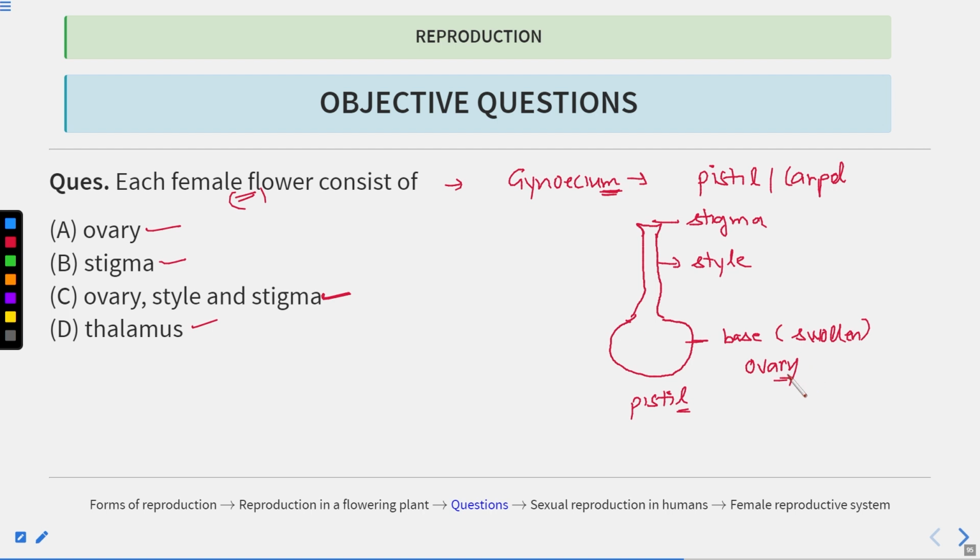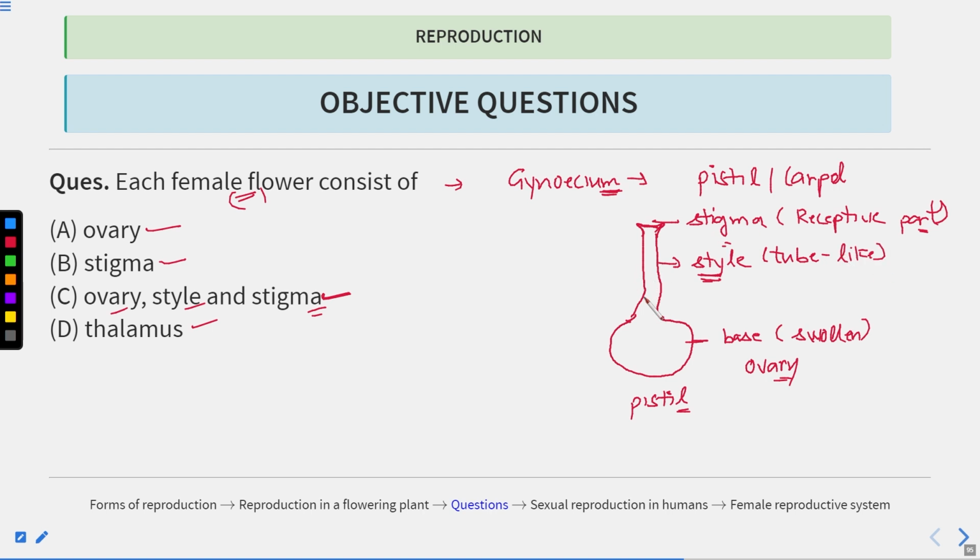Clear? Now this ovary consists of the ovules and the ovules will consist of the embryo sac. Alright, so the female flower will have ovary, style as well as the stigma. A stigma is the receptive part, means it receives the pollen and it decides whether the pollen is compatible or incompatible, which depends on the chemicals that are released by the stigma, and these are recognized by the pollen, and then the pollen will germinate and the pollen tube will move through this style, which is a tube-like structure.